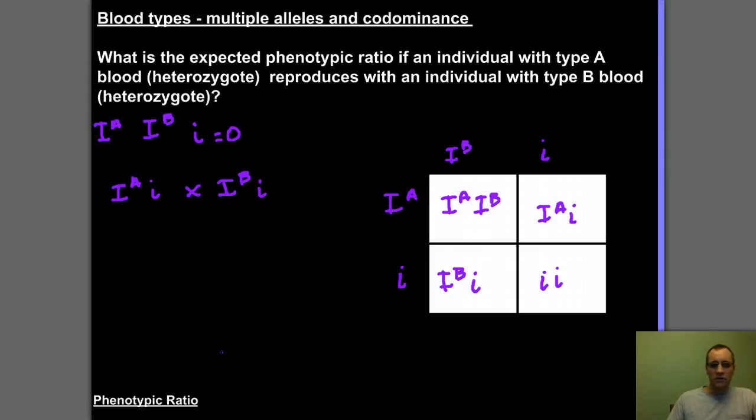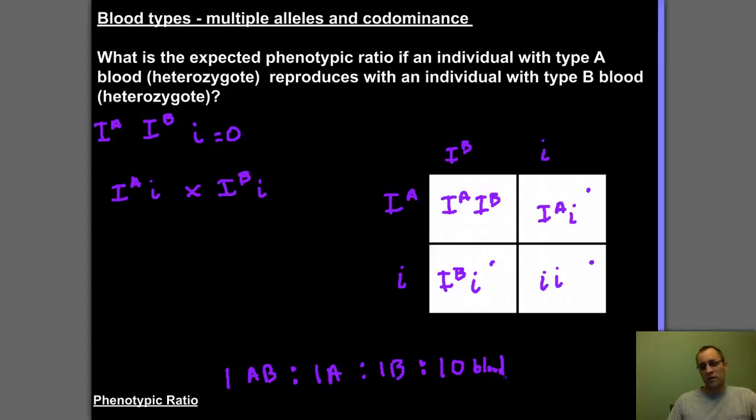Now if we look at this, our phenotypic ratio is 1 that is AB, that's AB blood, 1 that is A, that's this individual here, 1 that is B, 1 type B, and 1 here that is type O. Okay, has the double recessive O blood.